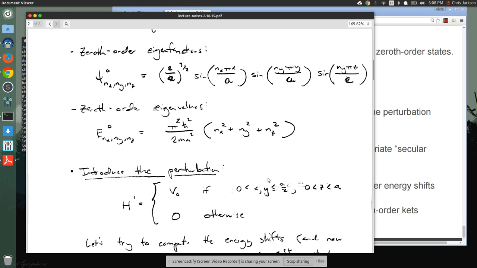But I'm only introducing it in part of the box, right? And actually, I'm only introducing it in 1/4 of the box, if you think in terms of volume. So it's between 0 and a over 2 for both x and y, but it goes all the way up, covers all of z.